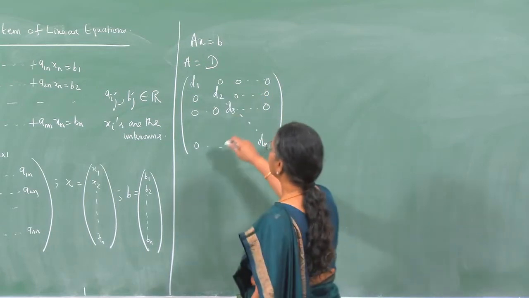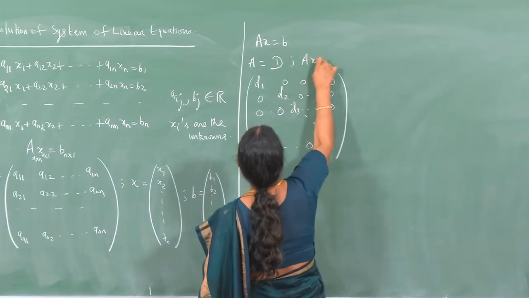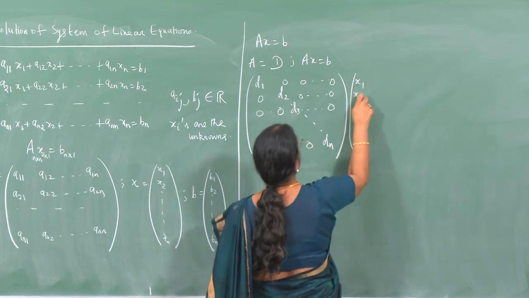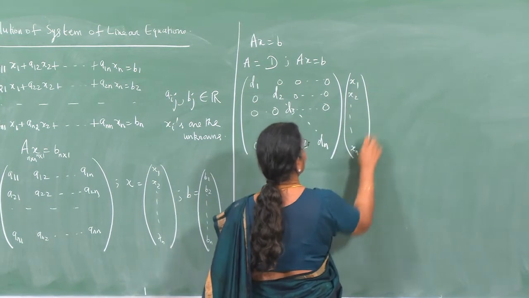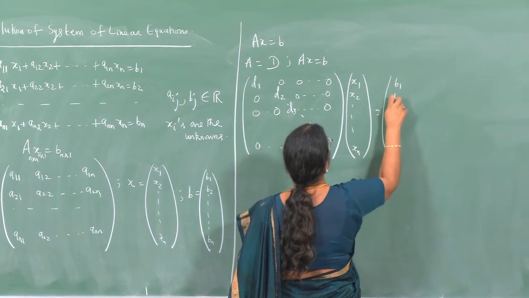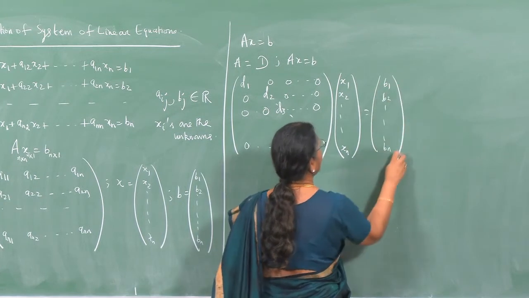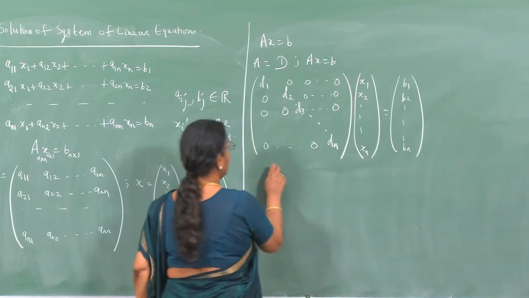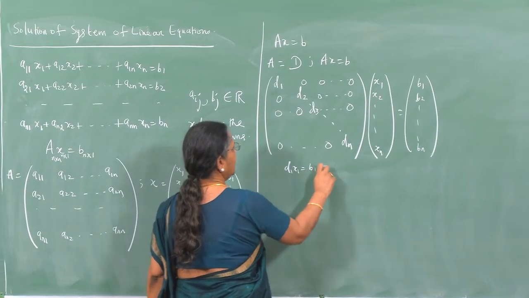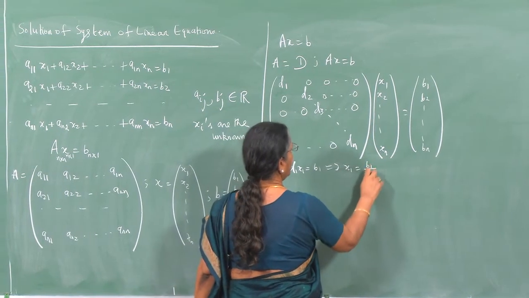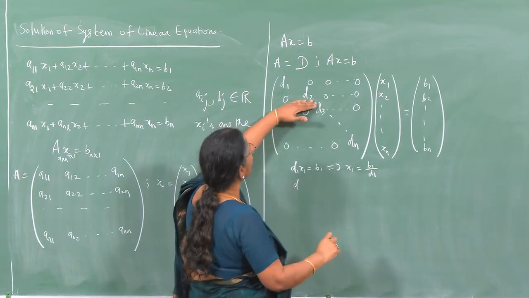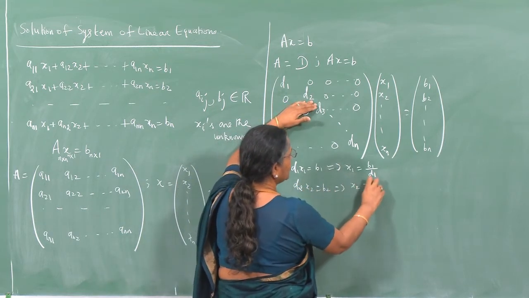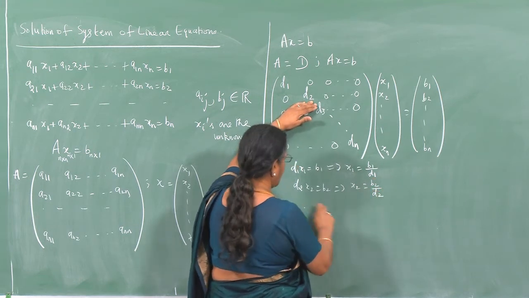Then in that case, the system Ax is equal to B will be such that A multiplied by the column vector x1, x2 etc. xn will be b1, b2 etc. bn, and we observe that we have d1 into x1 is b1. So, x1 is b1 by d1. The next equation gives you d2 into x2 is b2, and so x2 is b2 by d2, and so on.